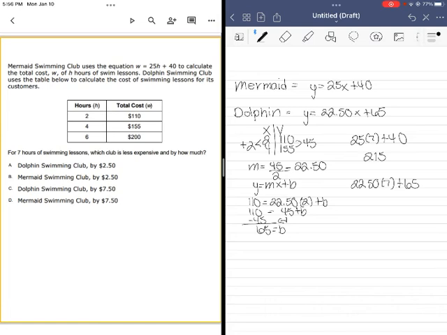When we plug that in, we get $222.50. So we're looking at which one is the least expensive. Right now, the least expensive is going to be Mermaid, but they want to know by how much.